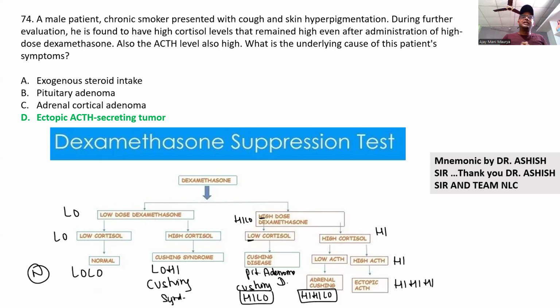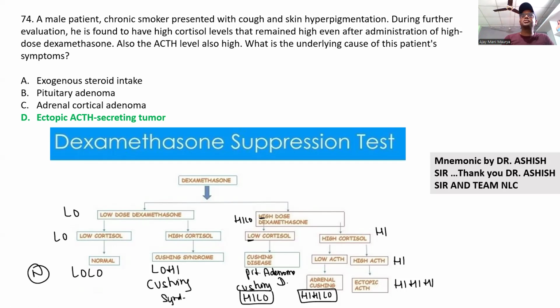If you give the low dose and the cortisol is still high, it is a case of Cushing syndrome.